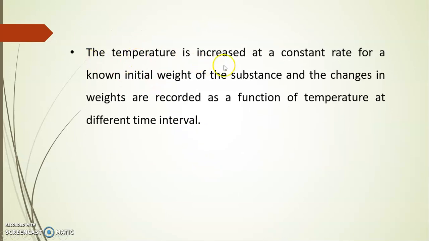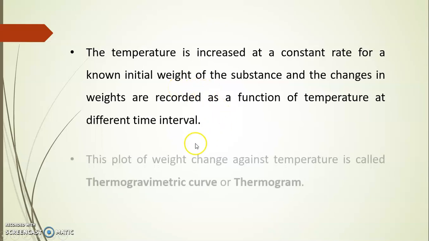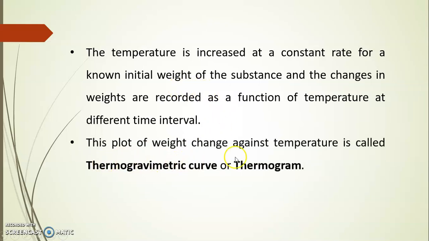The temperature is increased at a constant rate for a known initial weight of the substance, and the changes in weight are recorded as a function of temperature at different time intervals. So when we apply different ranges of temperature, some changes occur in the material, and those changes we measure by using this method. This plot of weight change against temperature is called a thermogravimetric curve or thermogram.